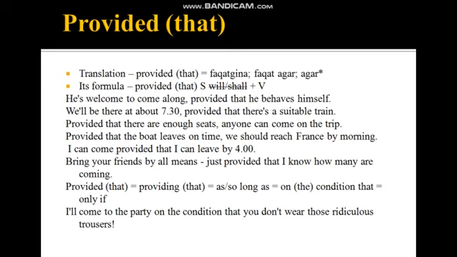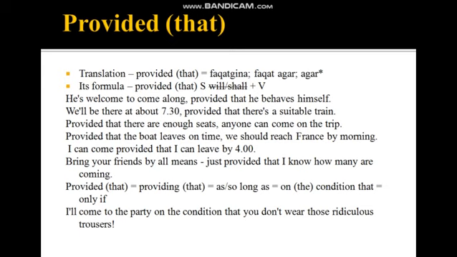You have to use present simple even if you want to imply some action in the future, okay? So anyway, you're not allowed to use any will or shall in the part of provided that, which means in the dependent part of provided that.